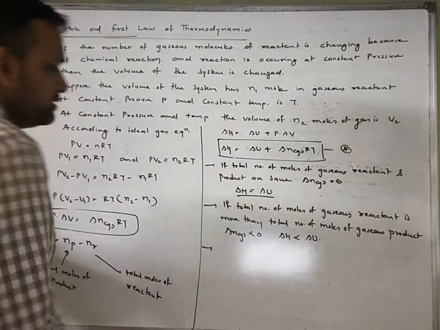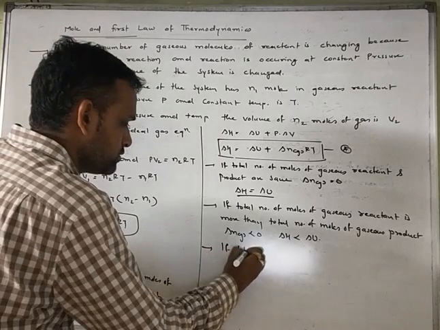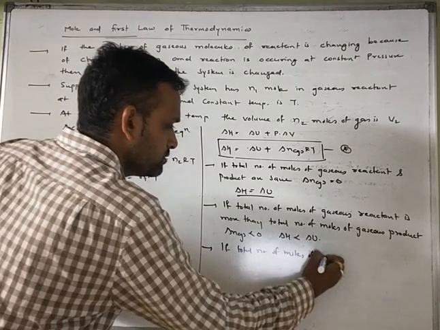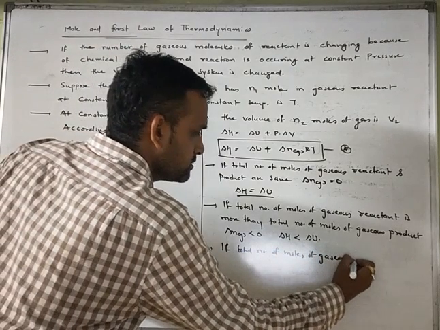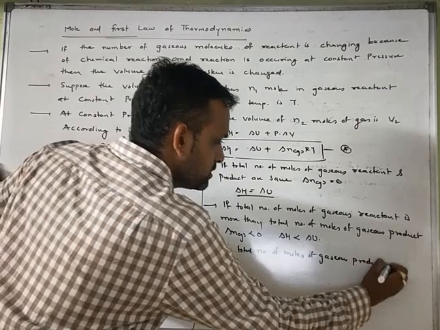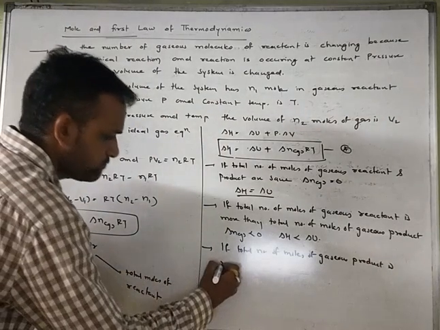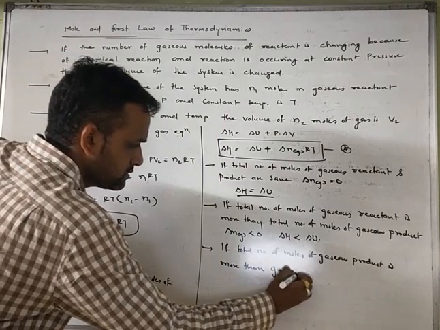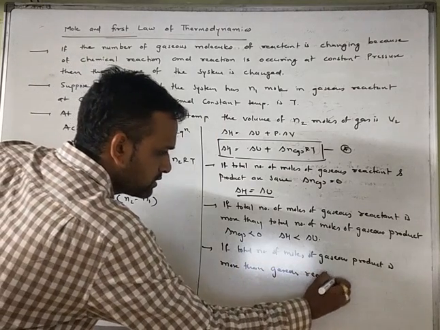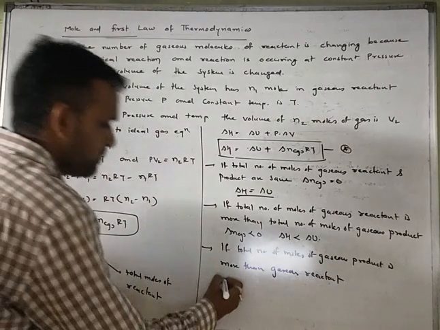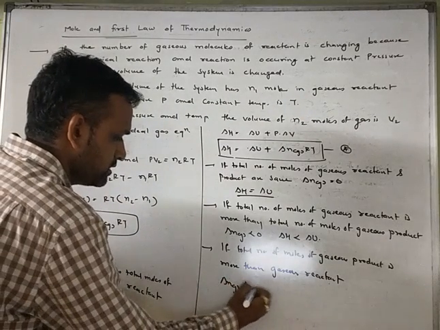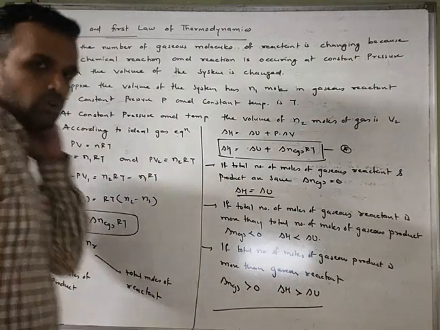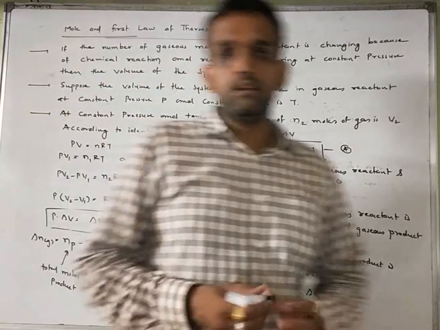And the last one, if the total number of moles of gaseous product is more than gaseous reactant, then delta Ng is greater than 0, so delta H is also greater than delta U. So all these things you have to know very well, right?